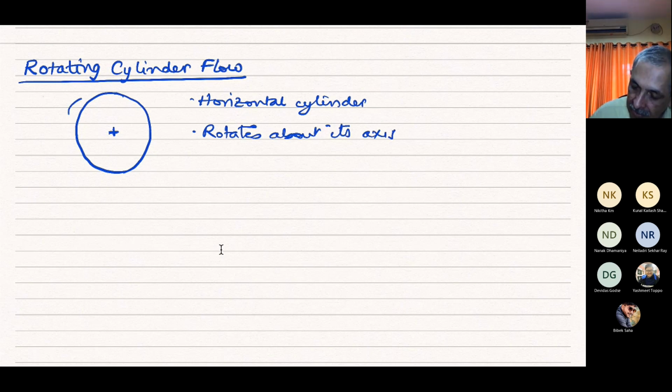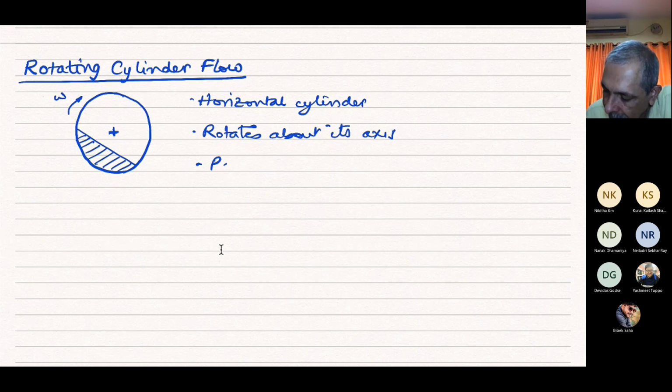So it is, let's say, rotating with an angular velocity omega, and it is partially filled with granular material.